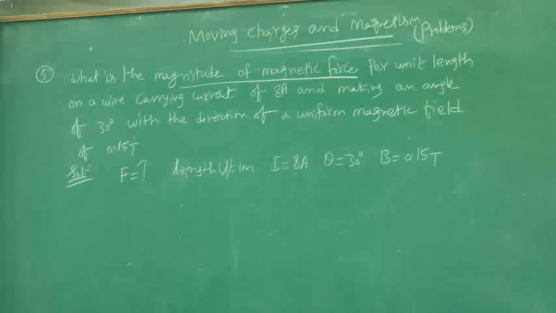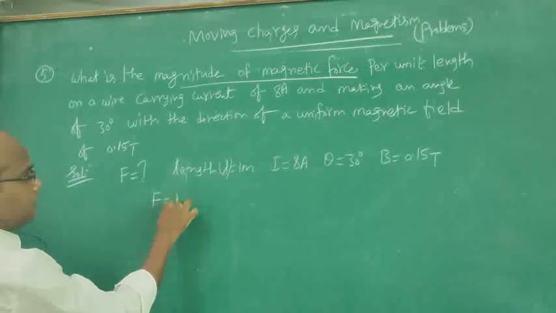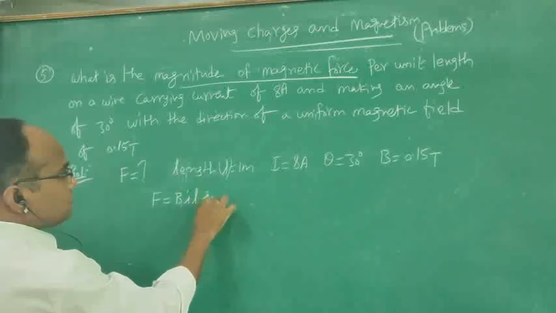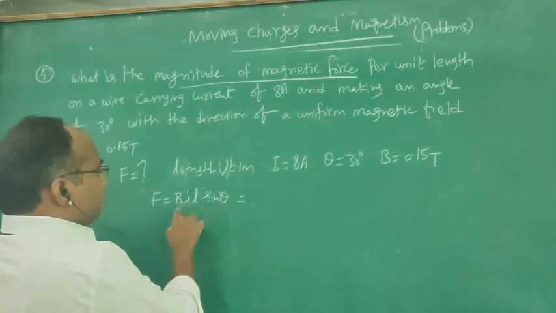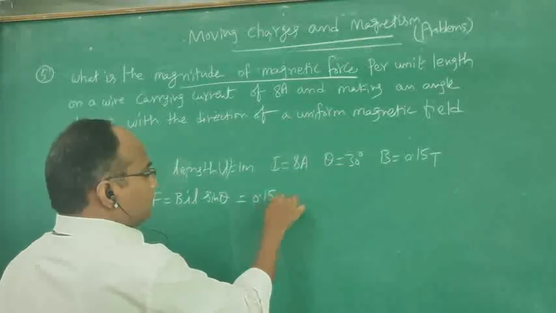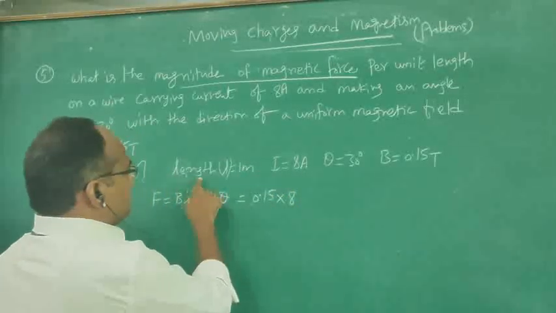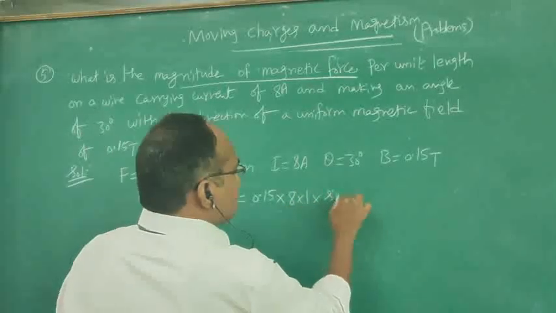Okay. So by seeing this, which formula we have to apply? F is equal to BIL sin theta. So here B is 0.15 into I, the current, 8 ampere, L is 1 meter, into sin 30.